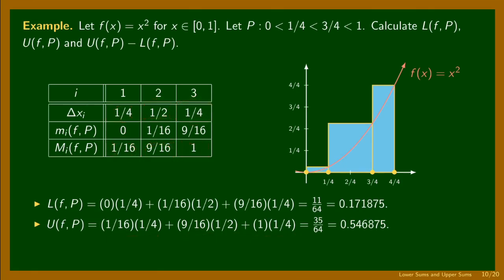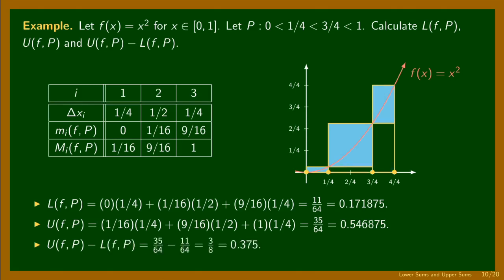All in all, that's 35/64, and the sum is 0.546875. Now the easiest to get is the difference, because at this moment you have already computed the U and the L. So I just subtract, and I see that U minus L is 0.375. So in the picture, this is it.